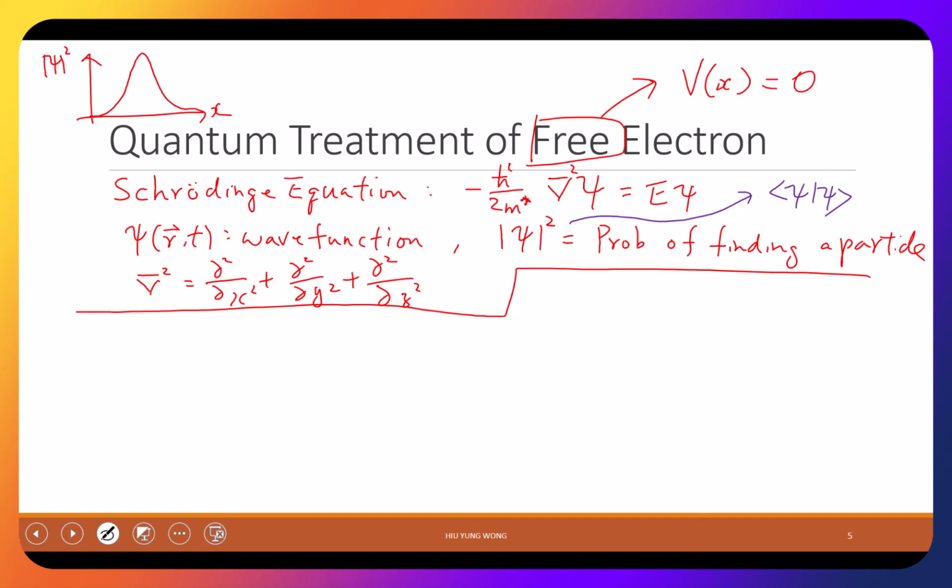And then we only think about the 1D case. Let's say it is one-dimensional. Then this equation will be reduced to negative h bar divided by 2m star. Do you remember what m star is? Effective mass, right? Although now this is a little bit, you may say, a contradiction. You're talking about a free electron, and then you say your effective mass is not the electron itself.